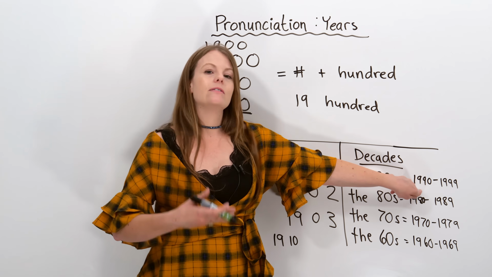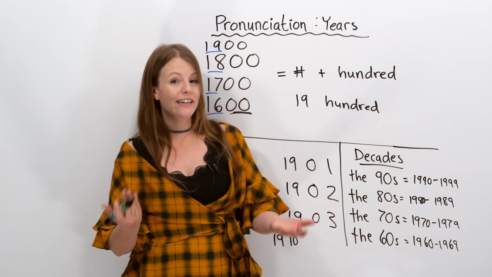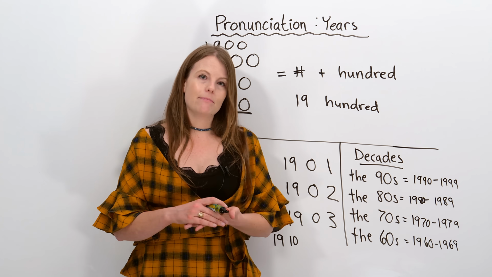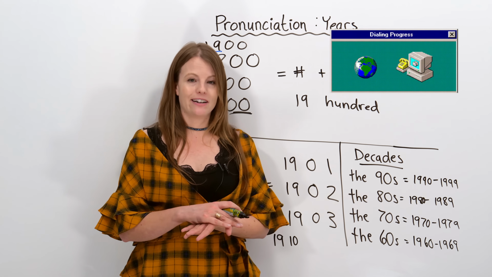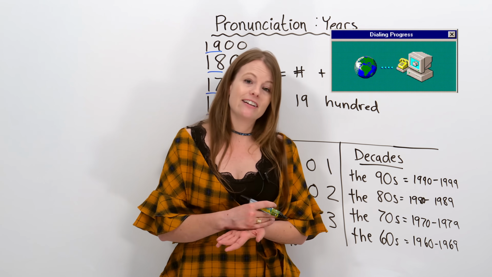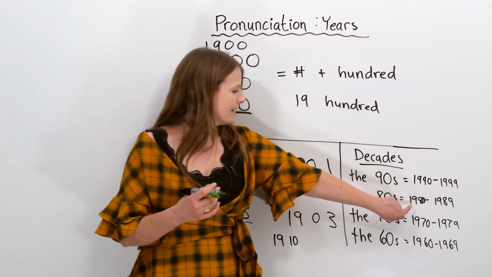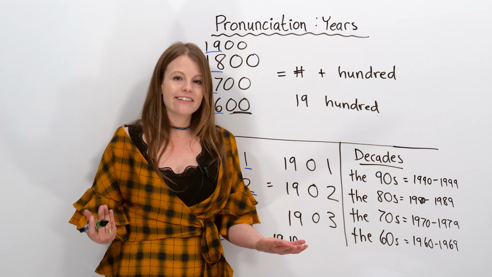Some of you might have been born in the 90s. Some of you might have really enjoyed the 90s. Some of you might remember before the internet in the 90s, or when the internet was new, what it was like. So that time period is called the 90s. Before that, we have 1980 to 1989. What do we call this decade?